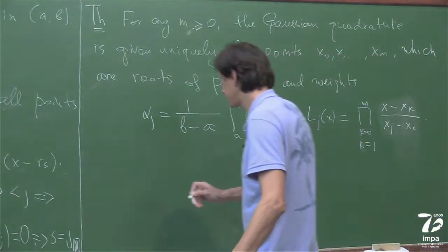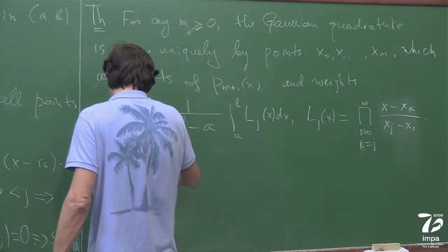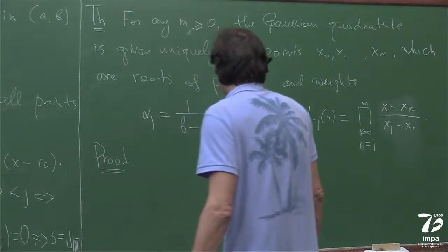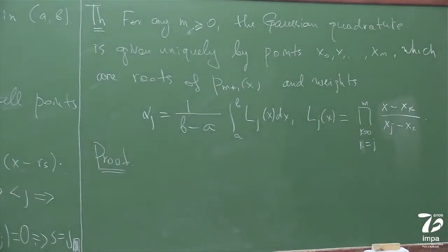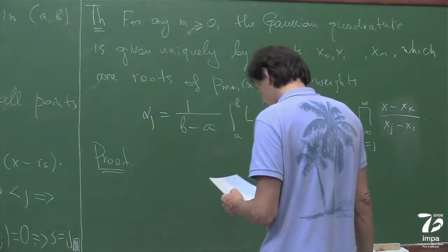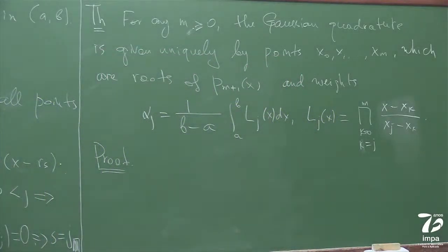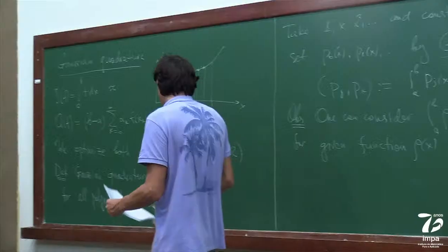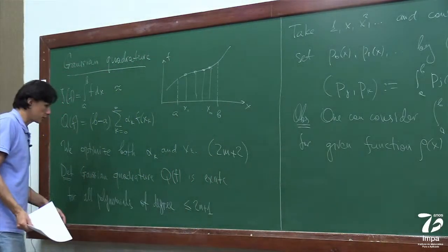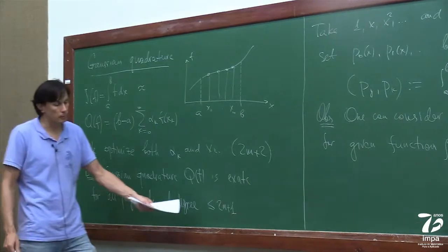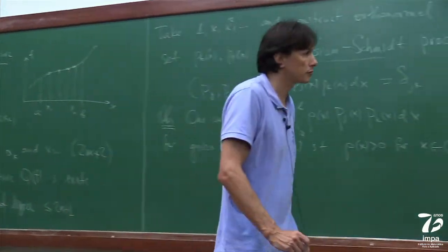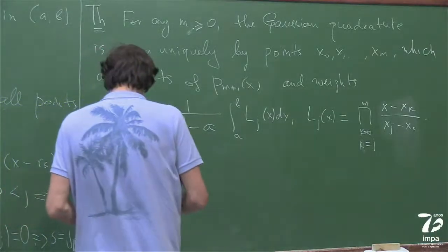How to prove it? We have to prove two things: first, that this is a Gaussian quadrature, and second, that any Gaussian quadrature is this one. So existence and uniqueness. All the proof is about checking that the quadrature is exact for all polynomials of degree 2m plus 1.